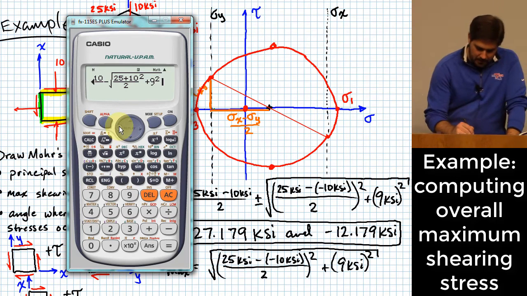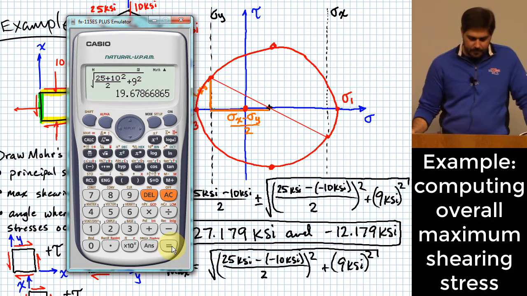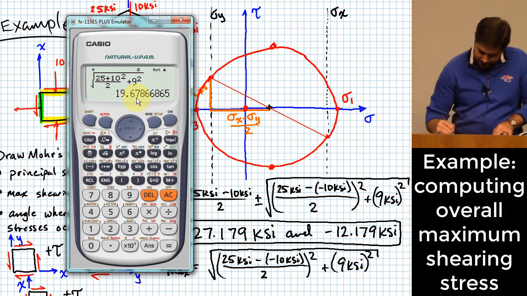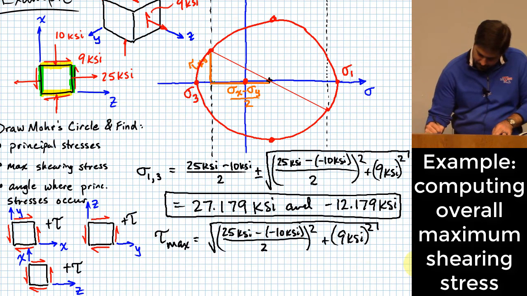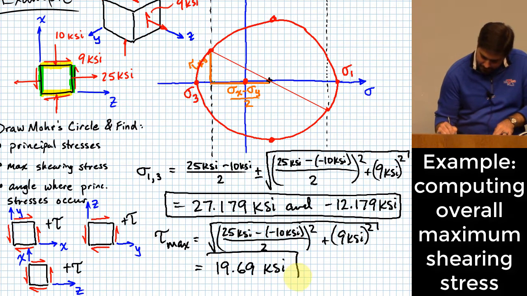Okay, and so all I would really have to do over here is just delete some stuff. So 19.69 or so KSI.